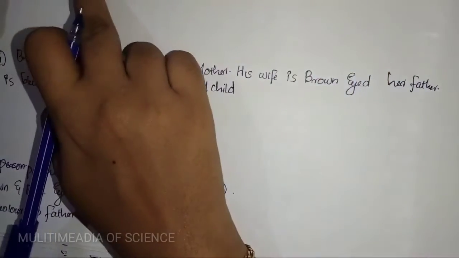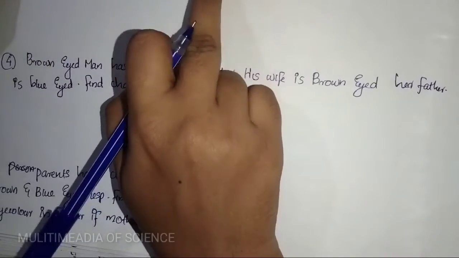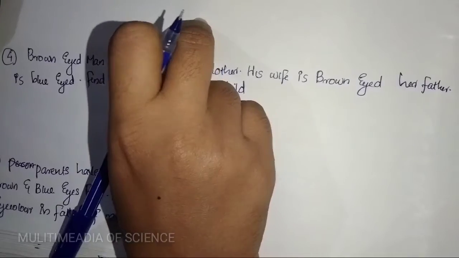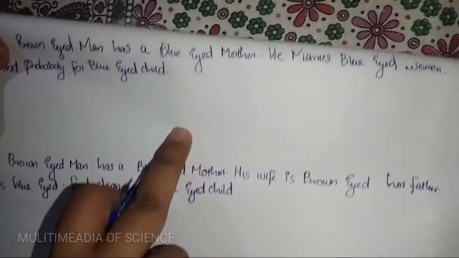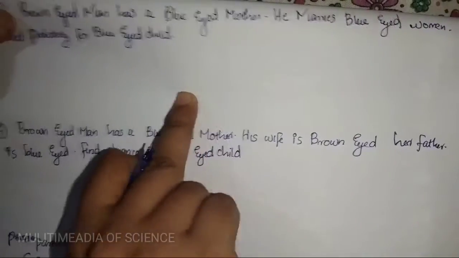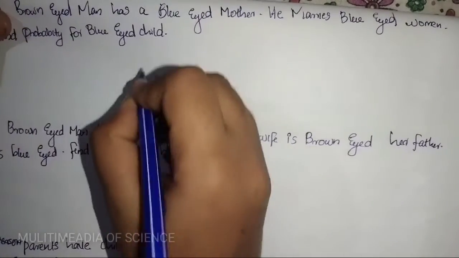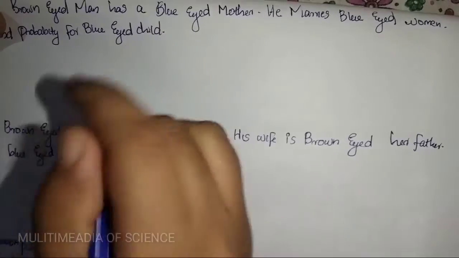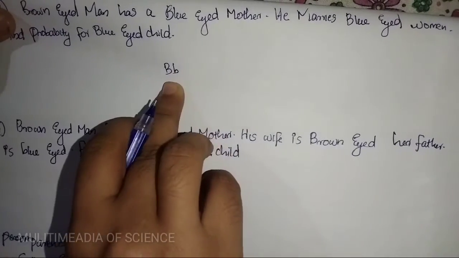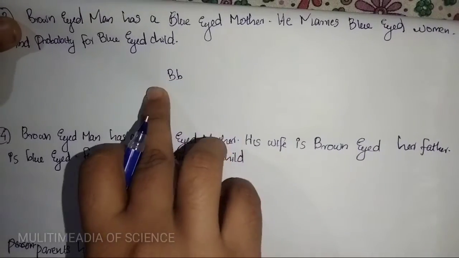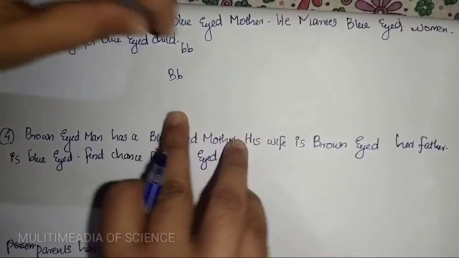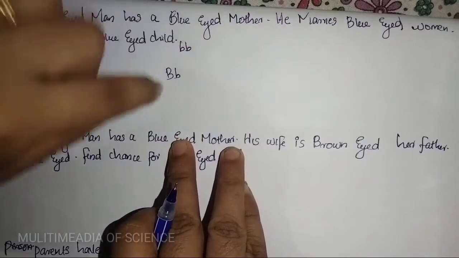The brown-eyed man has a blue-eyed mother. Clear? The brown-eyed man has a blue-eyed mother. Okay. The question is visible. The brown-eyed man has a blue-eyed mother, which indicates he is heterozygous. When the mother is blue, then he must have got that small b.